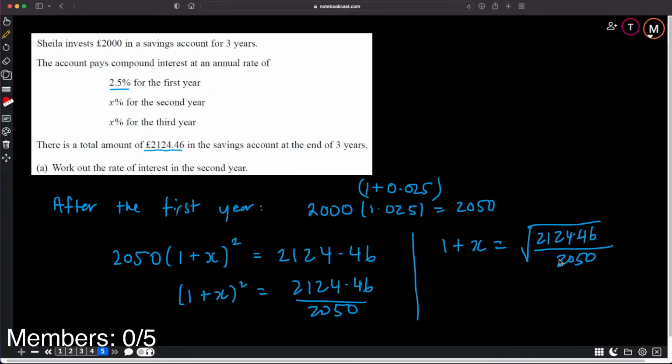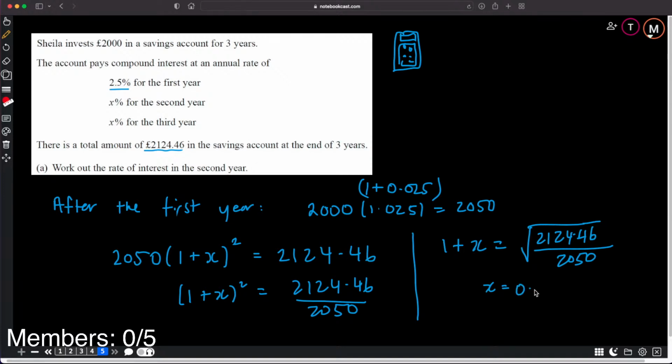And this is a calculator question, by the way. You're never going to get this type of question without a calculator. If you do that calculation, you don't get an exact value, so put that square root into your calculator and subtract 1 for x.